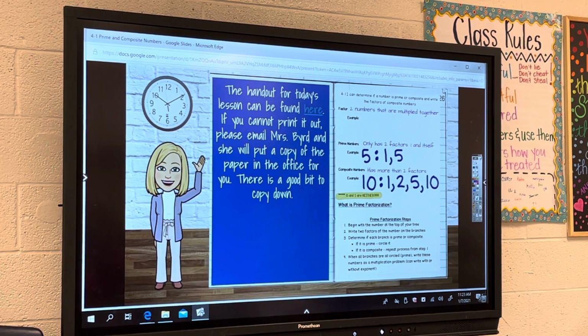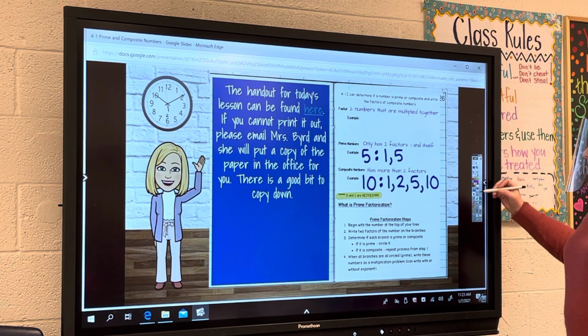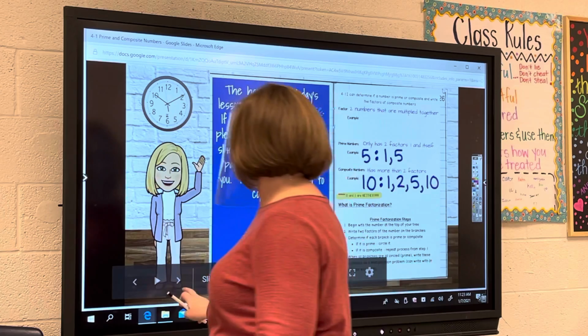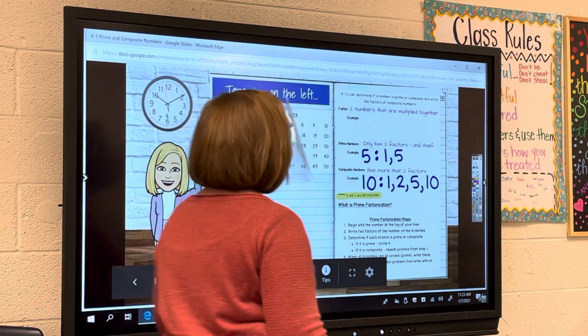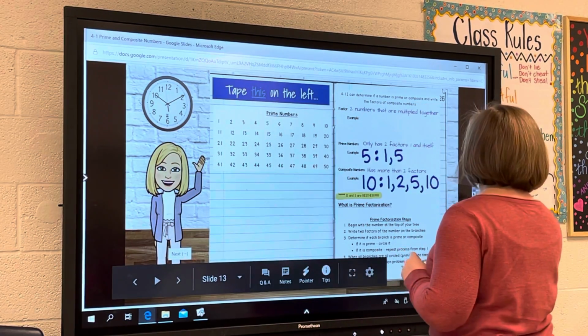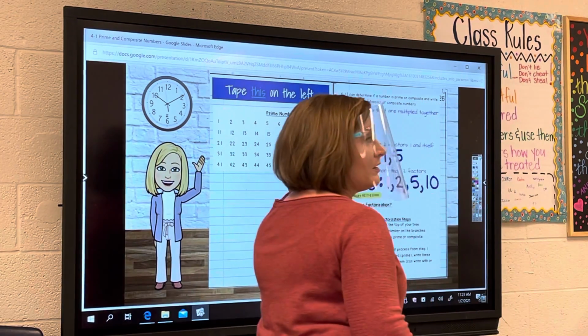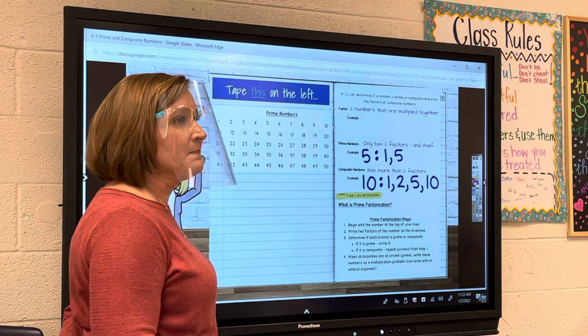And we are going to figure out which numbers are prime and which numbers are composite. So we're going to circle all of the prime numbers. We're going to mark out all of the ones that are composite, okay?